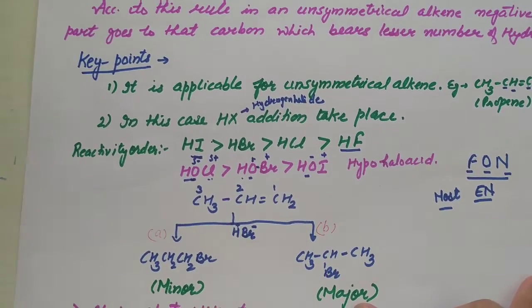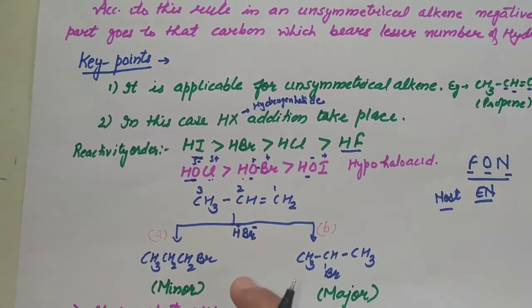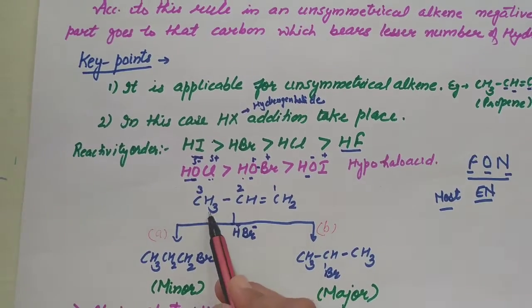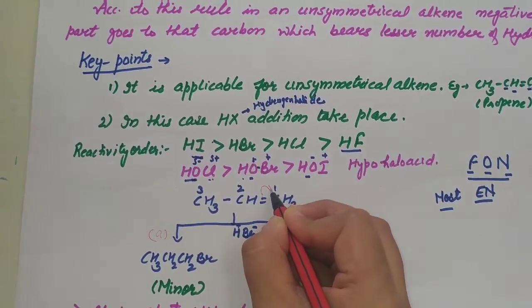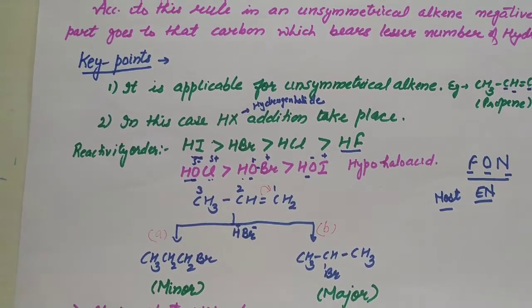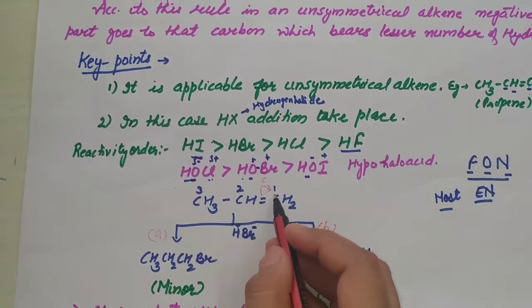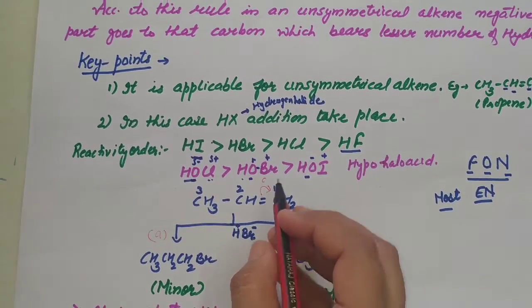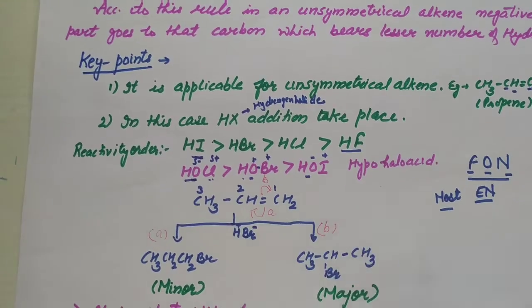Two routes are possible for the Markovnikov rule, but the major product is that product in which the negative part goes to that carbon which bears the lesser number of hydrogen. In this case, the bond can shift in two possible directions. If this shifts over there, this is the B part; if this shifts over there, this is the A part.